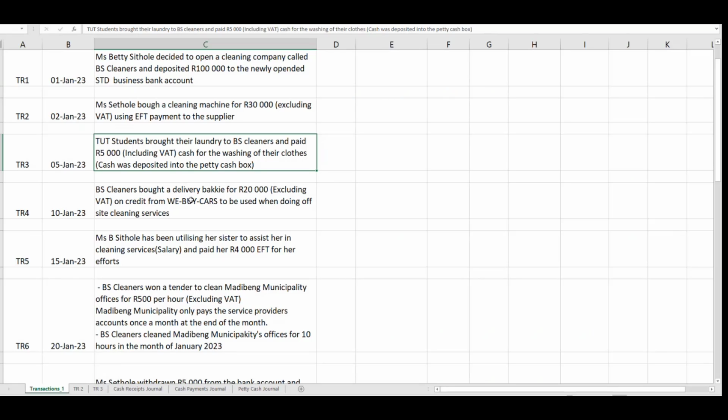Oh, so you're asking the difference between number 6 and number 3. In number 3, the 5,000 includes VAT, and in number 6, the 5,000 does not include VAT.